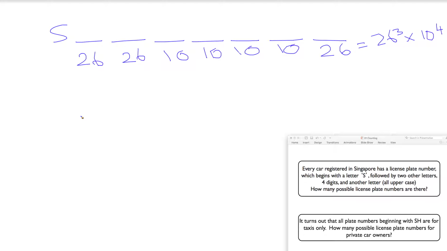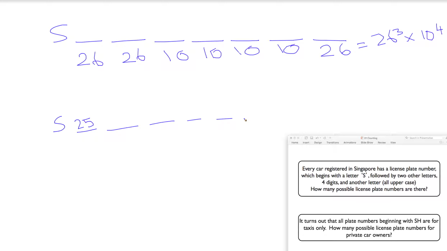In this case, the non-taxi plates would again start with S, and since H is taken by taxis, this second spot cannot be an H, but it can be any of the other 25 letters. So we can fill this up with 25 possible choices.